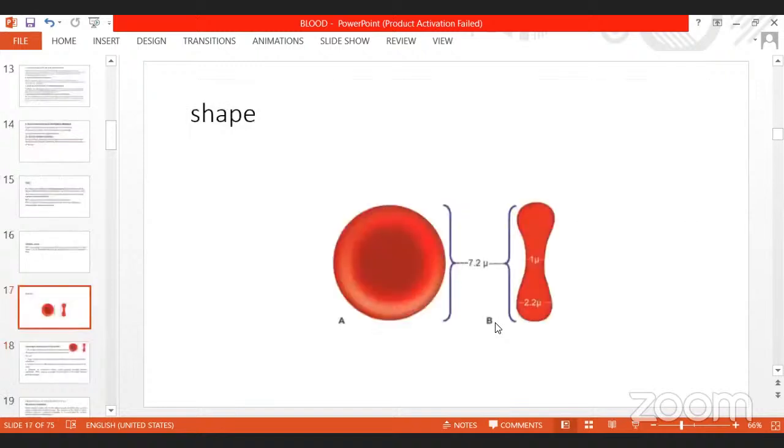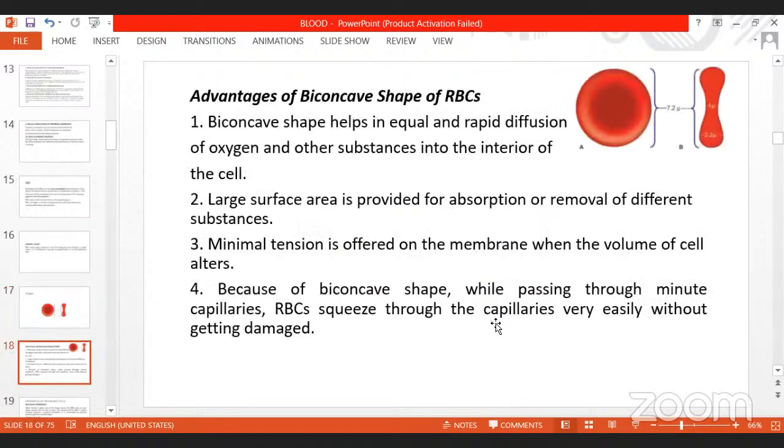Its shape is biconcave, or dumbbell shape, which helps in the rapid diffusion of oxygen and other substances into the cell and provides a larger surface area for the absorption and removal of substances.